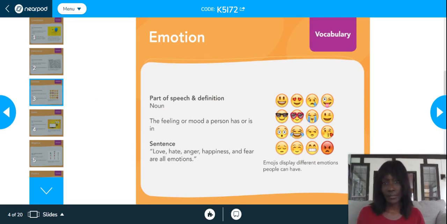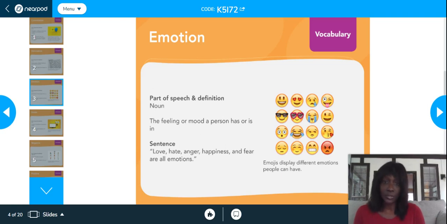Now, emotion, again, a noun. Why? Because the suffix tion indicates it's a noun. An emotion is the feeling or mood a person has or is in. So when you have an emotion, you're in your feelings, as they say. Love, hate, anger, happiness, and fear are all emotions.